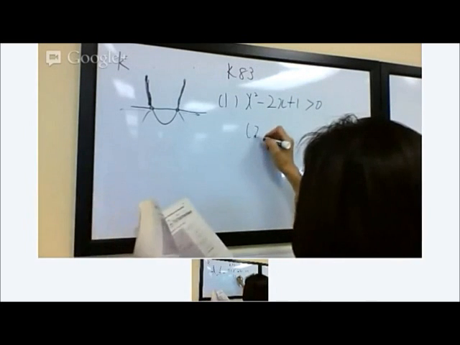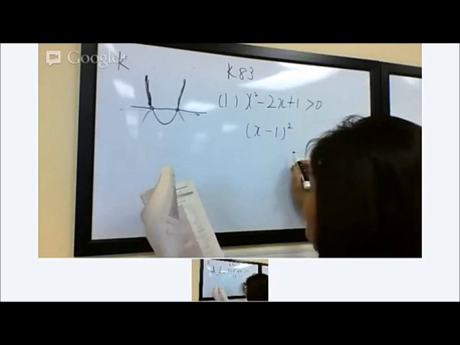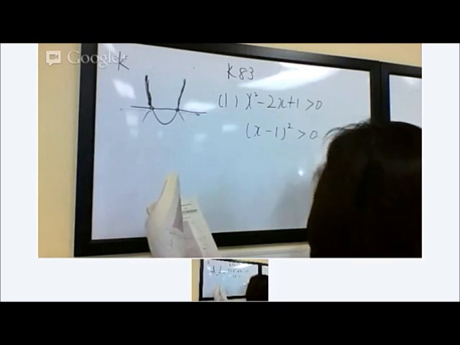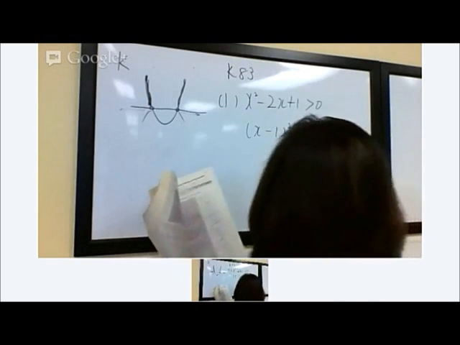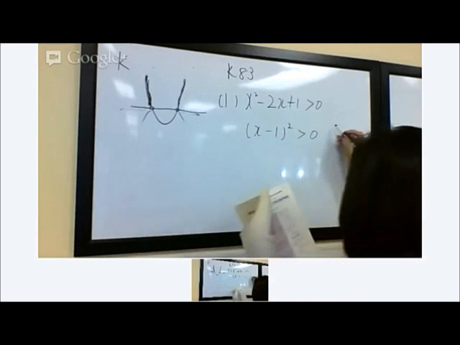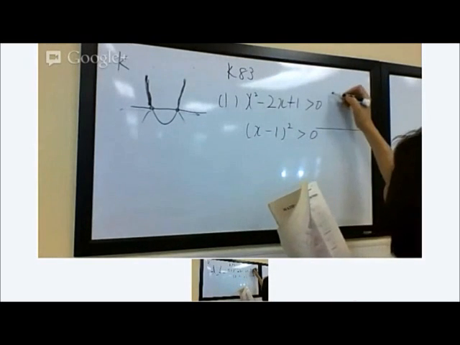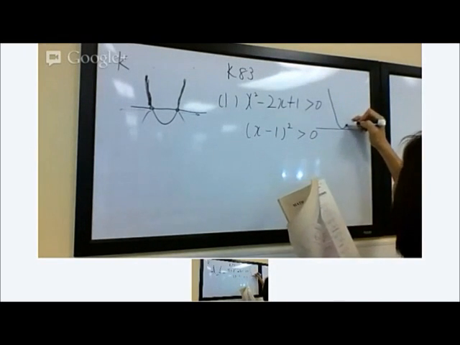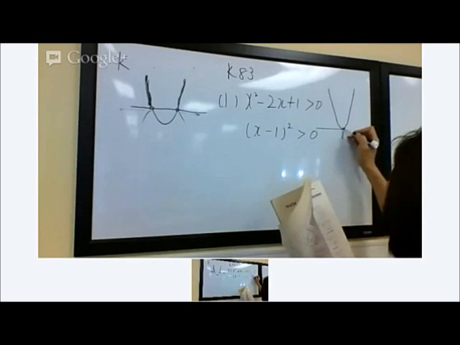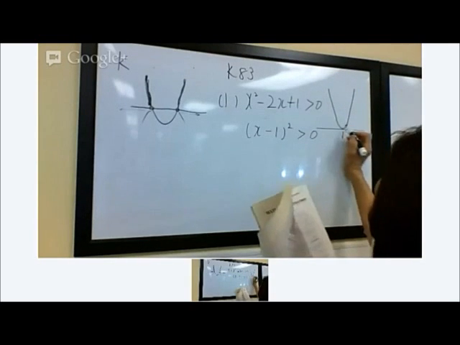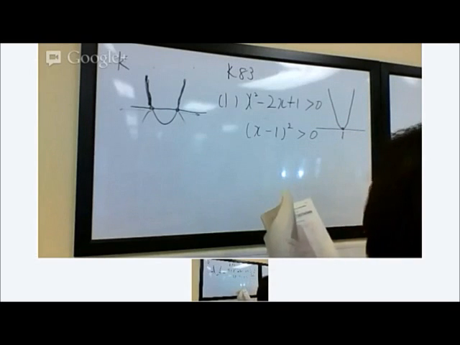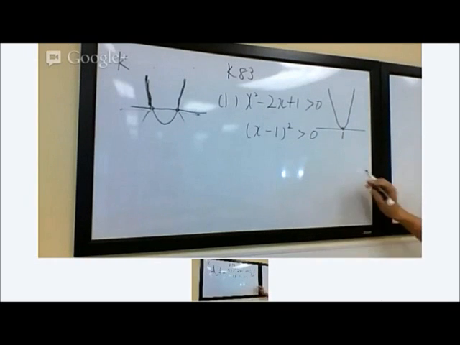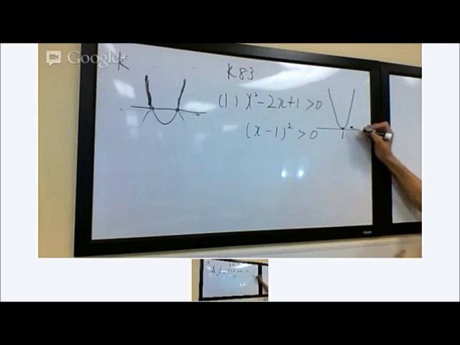So (x minus 1) squared greater than 0. You know the graph is this one, but this is open, not equal. So greater than 0 means only here and here.